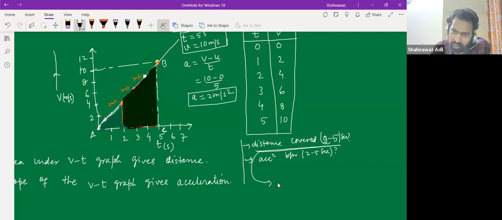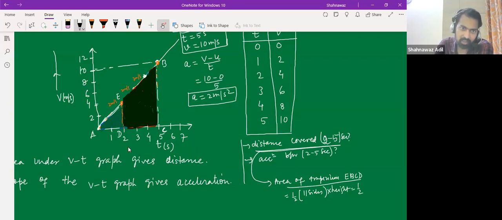Trapezium. So we have to find the area of, let's say this is B, C and let's say this is D, E. So area of trapezium would be equal to half sum of parallel sides and then height. So half sum of parallel sides are DE and BC.